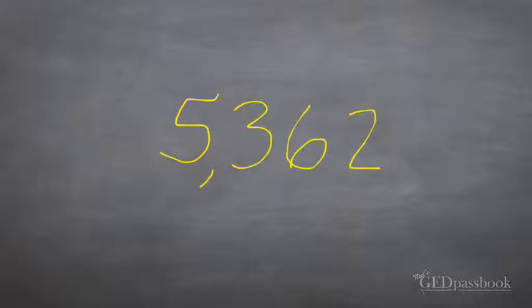So, rounding. This is the famous question in math. Round 5,362 to the nearest tens place, hundreds place, thousands place. They'll tell you what you need to round to, right? It was actually in our assessment that we were given.